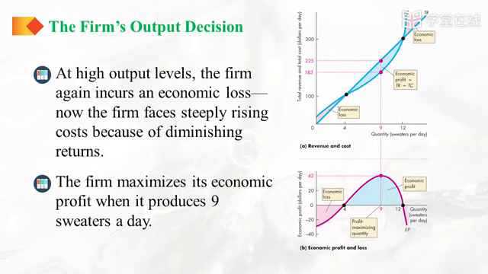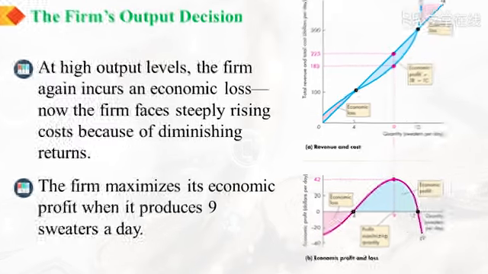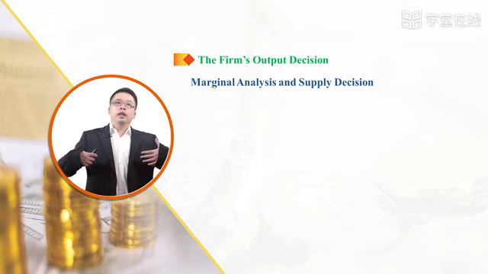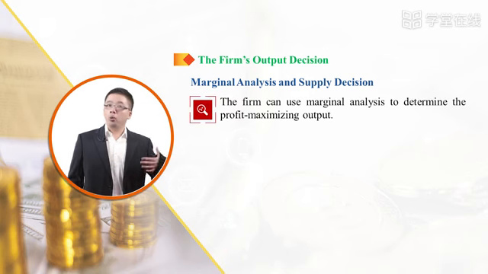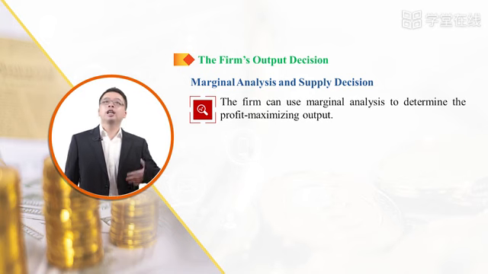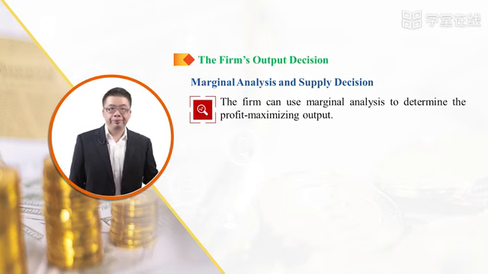We can also do this not only from the point of view of total revenue and total cost, but also give a similar analysis using marginal analysis. We can find the marginal revenue and the marginal cost, and then make the optimal supply decision.